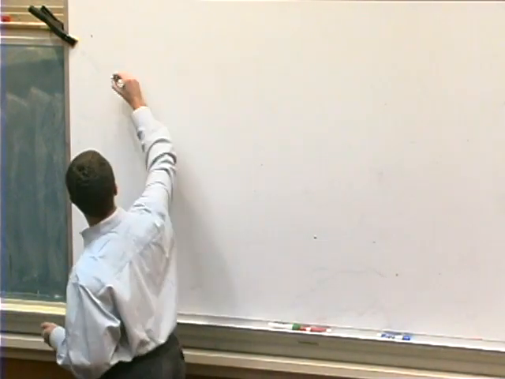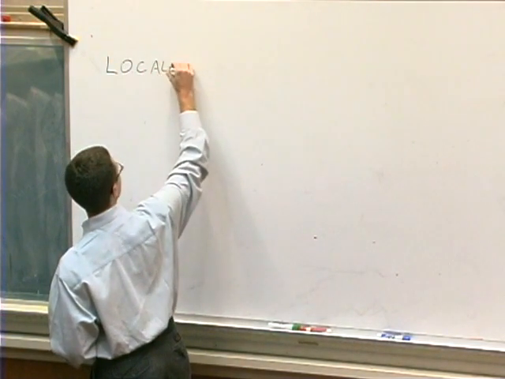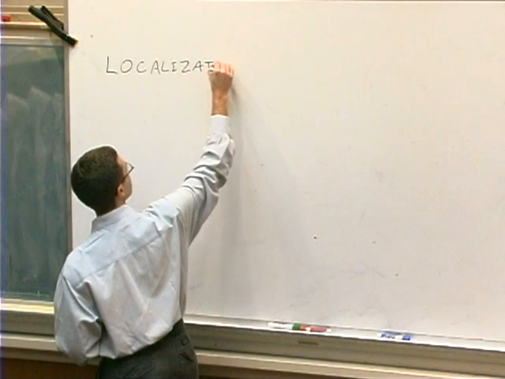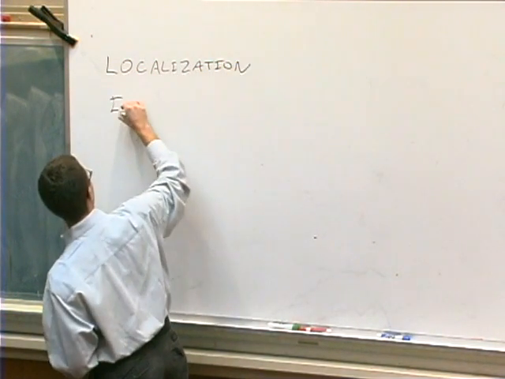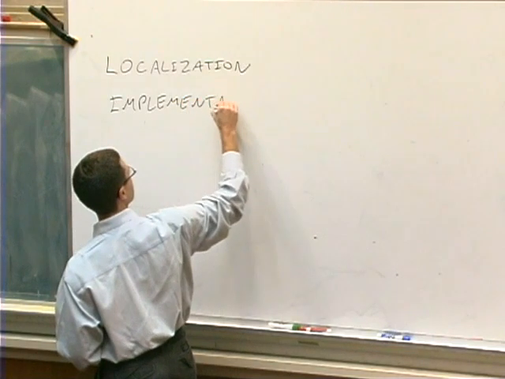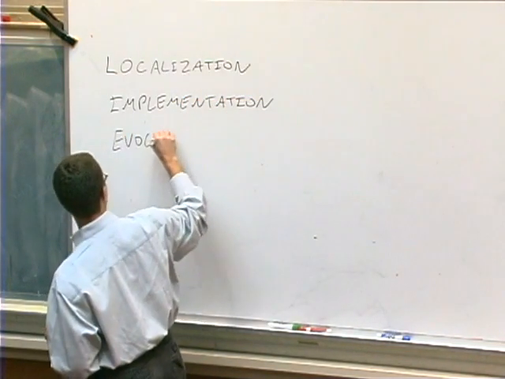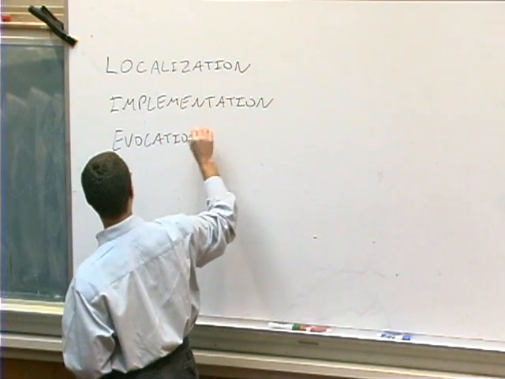Okay, so the 3 big categories that I'm going to offer are localization, implementation, and evocation. These are the labels that I'll assign to these 3 modes of inference.